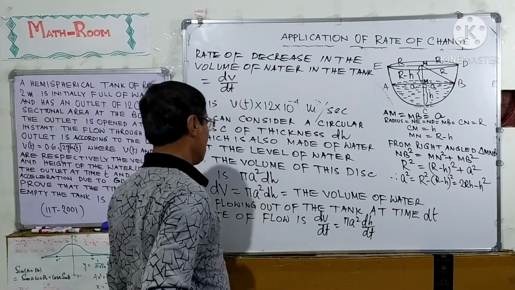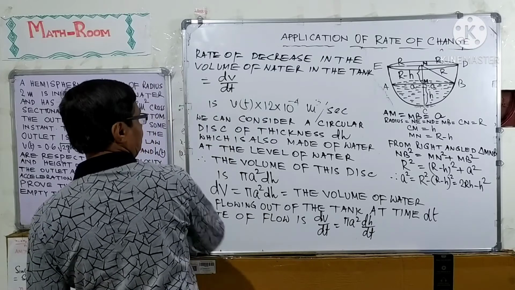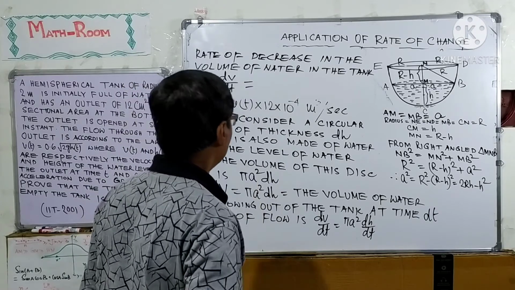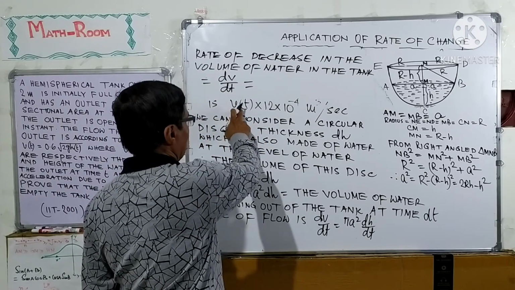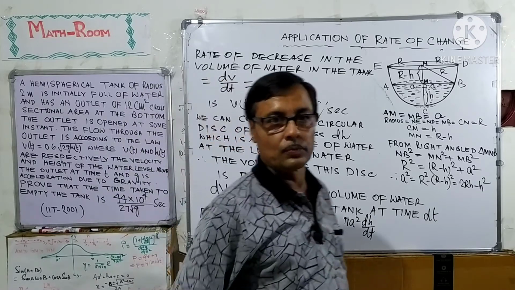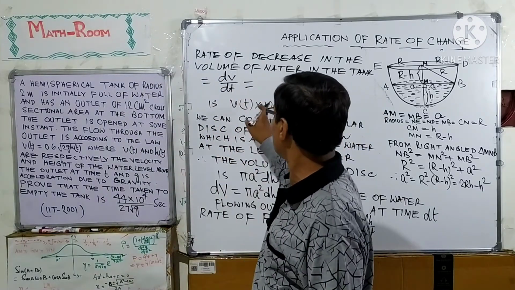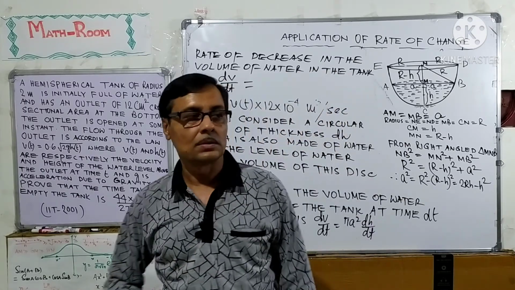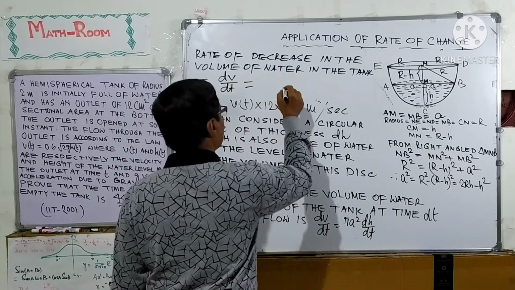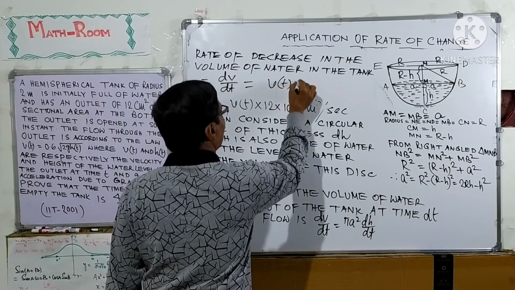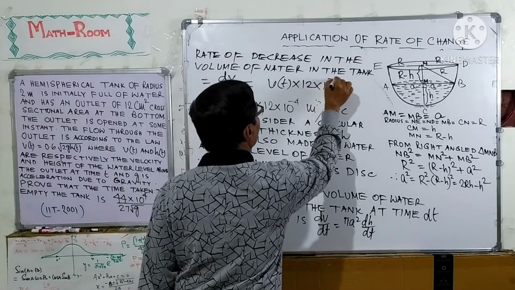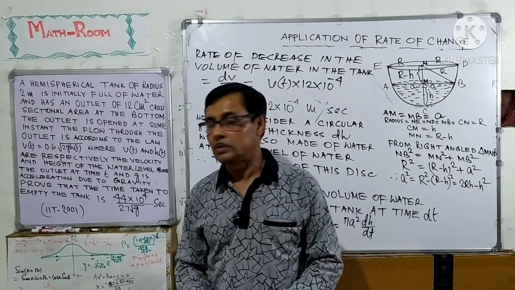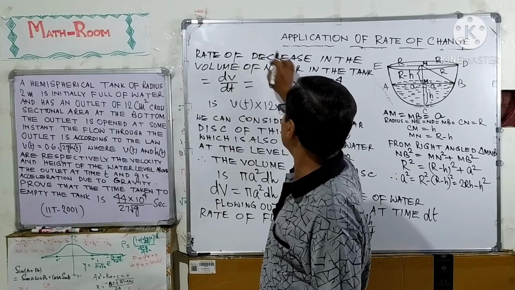This rate is also equal to the volume of the water flowing through the outlet per unit time, that is per second. So, Vt into 12 into 10 to the power minus 4 and this are numerically equal, but their signs are opposite, because this is decrease and this is increase.